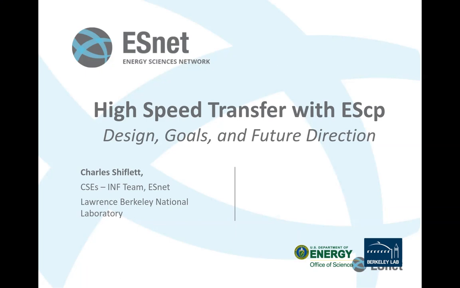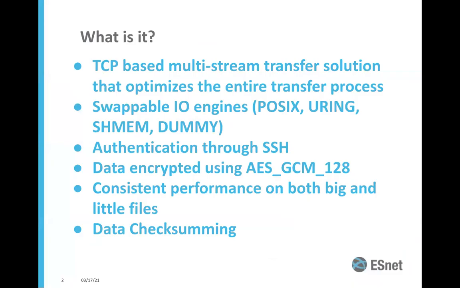So that's the EScp, Energy Sciences copy. It is a Python-based script called EScp, and then this data transfer tool, which does the data transfer on our behalf. And I just wanted to talk a little bit about the design of the DTN tool, what makes it fast, what its goals are, and sort of how it works.